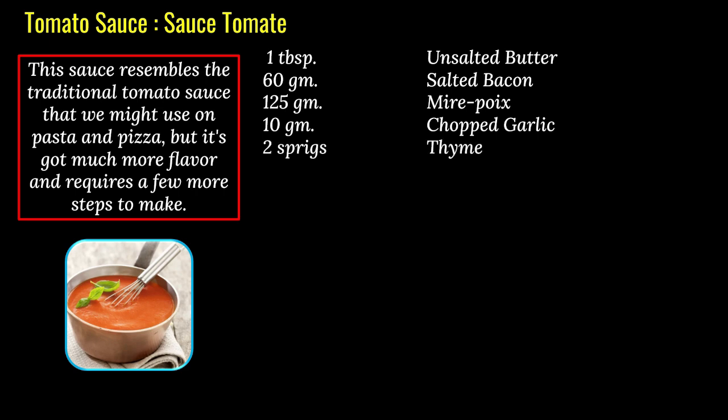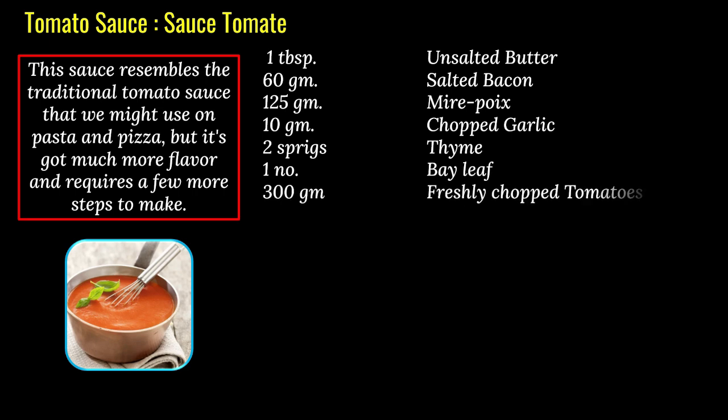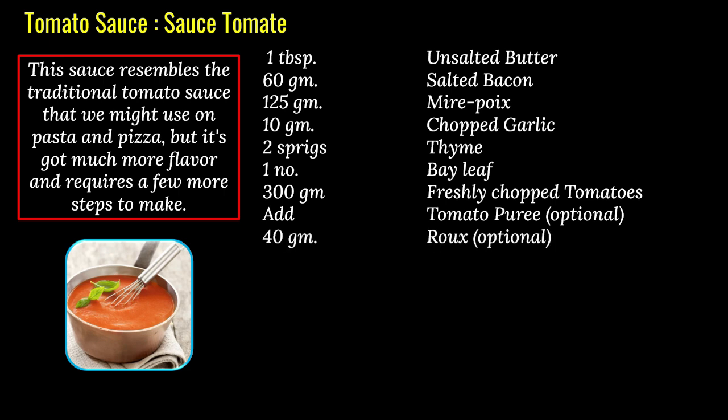Thyme is a kind of herb, bay leaf, freshly chopped tomatoes, a good amount, tomato puree, additional and optional, then roux. Roux is optional. You may add roux, you may not add roux, there is no restriction. Preferably, we should go for a brown roux and a light chicken white stock. Okay, all these ingredients are required to prepare a tomato sauce or sauce tomate.